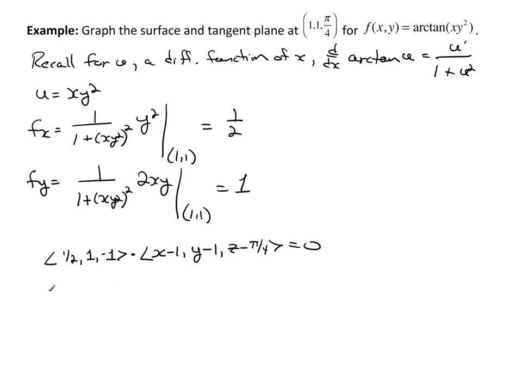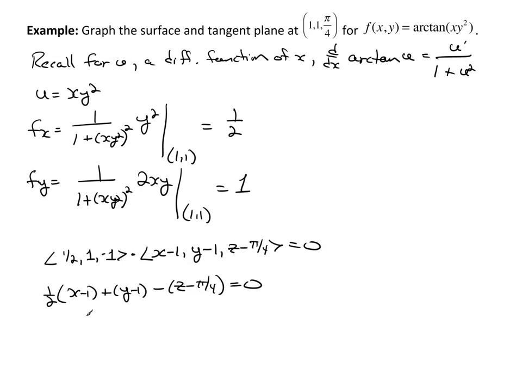And what I'm going to get is 1/2 (x minus 1) plus (y minus 1) minus (z minus pi over 4) equals 0.